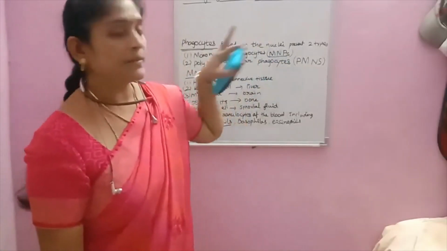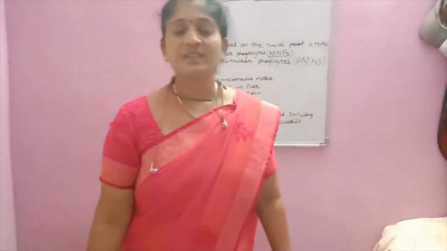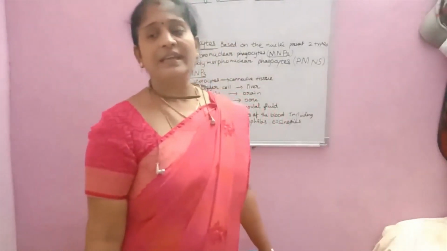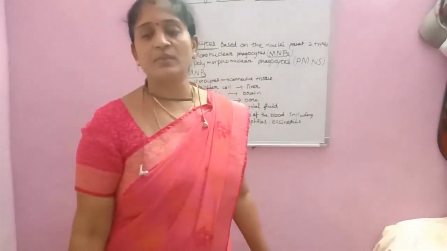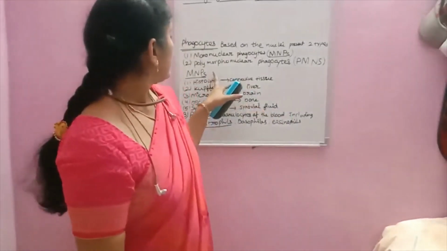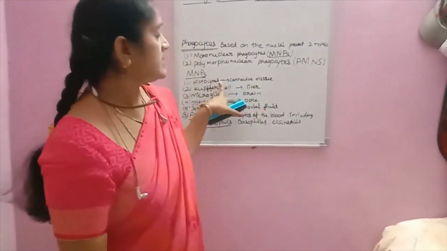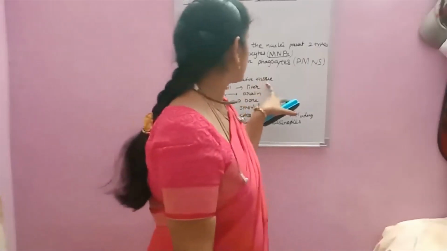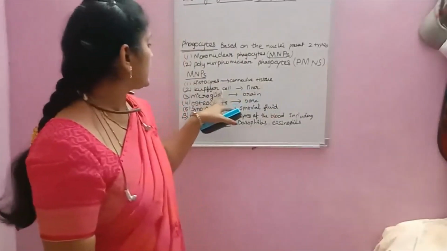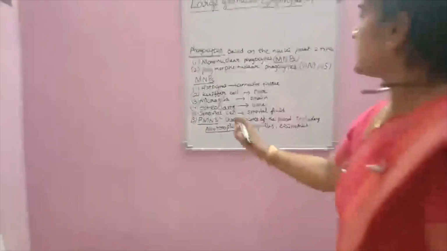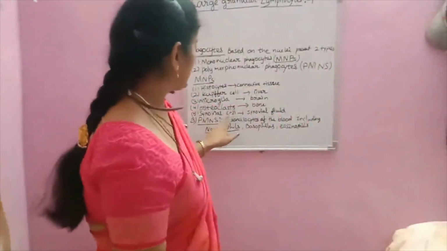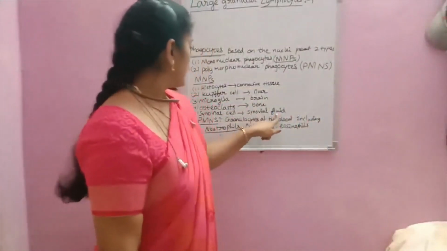So these MNPs are monocytes of the blood, which enter the extracapillary space and transform into macrophages. They act as histiocytes in the connective tissue, Kupffer cells in the liver, microglia in the brain, osteoclasts in the bone, and synovial cells in the synovial fluid.